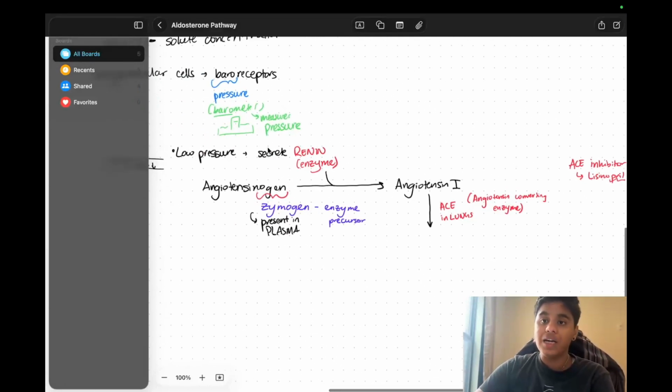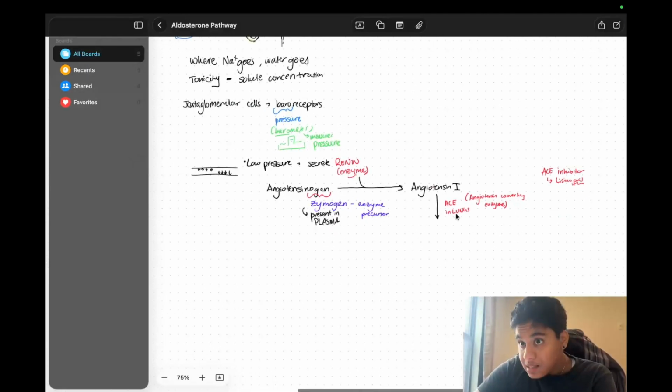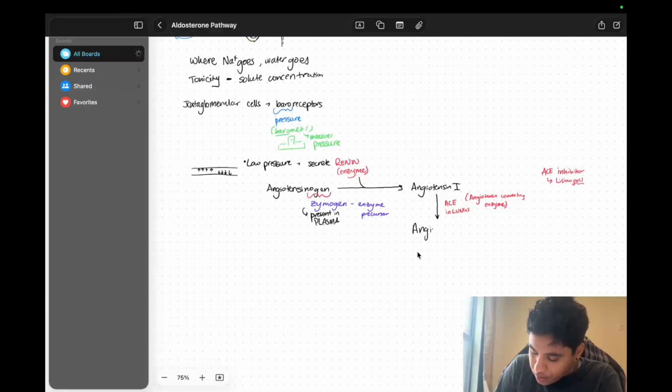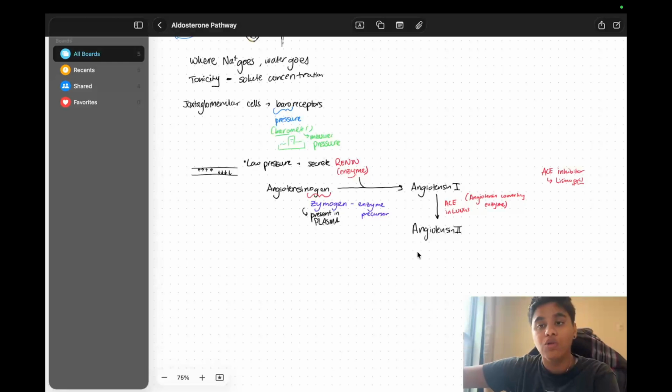So if we think through the mechanism, if ACE is inhibited, then angiotensin 1 never becomes angiotensin 2, right? So this entire pathway of creating aldosterone is already stopped over here. So the desired effects of angiotensinogen and renin and all of that never happen. So ACE then effectively inhibits a hormone that increases the blood pressure, right?